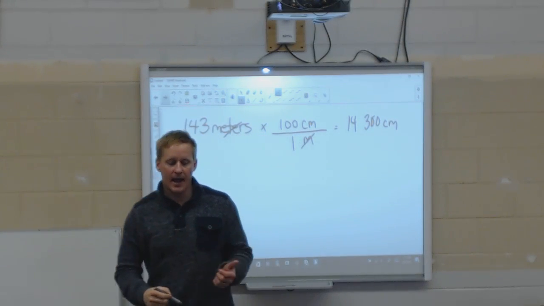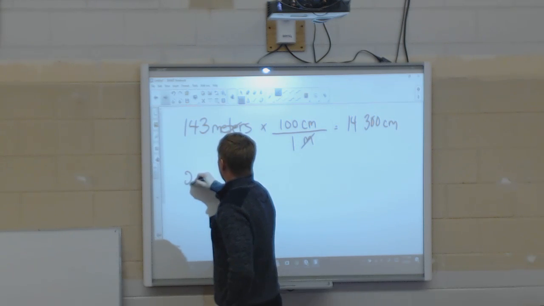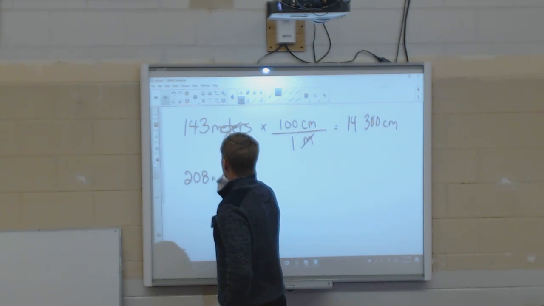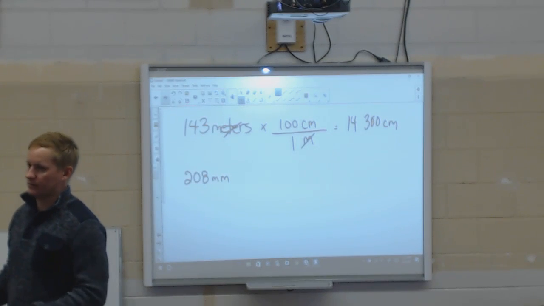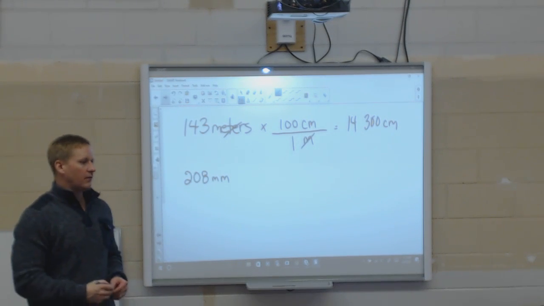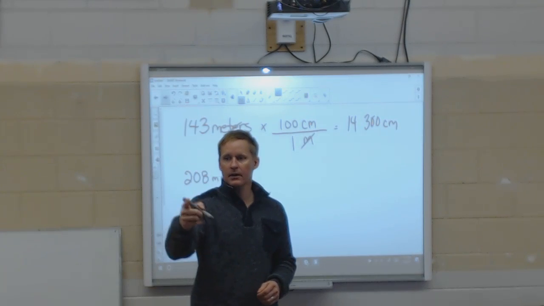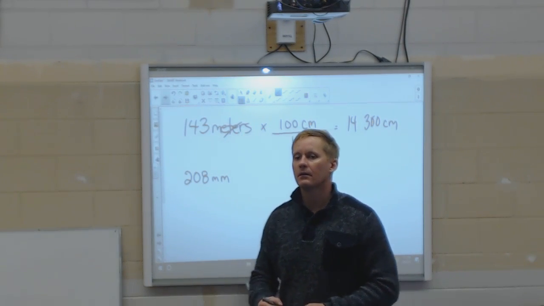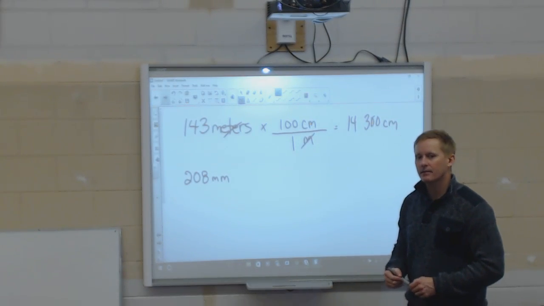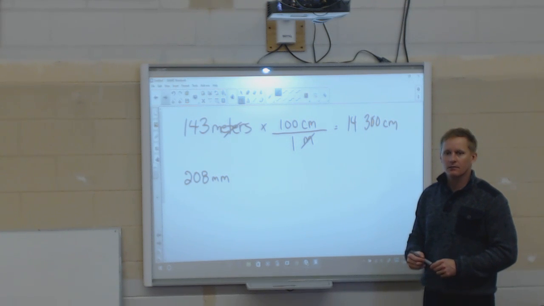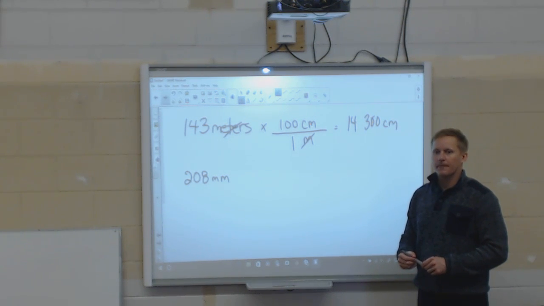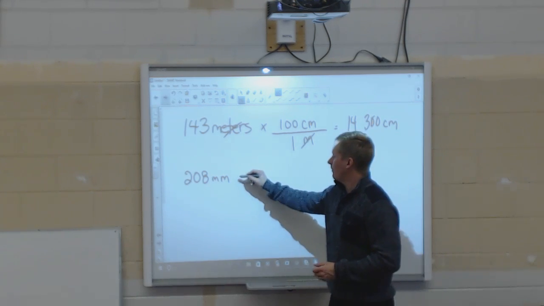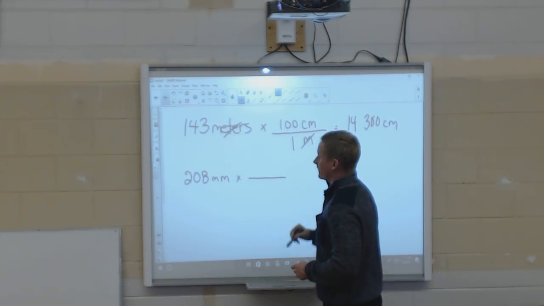So what if I had 208 millimeters, and I want to convert it into meters? How do I convert that into meters? Go ahead. You times by 10, then by 100? Or 1,000, so times by 1,000. Okay, so what are you using as my ratio? Are you trying to go directly to meters?